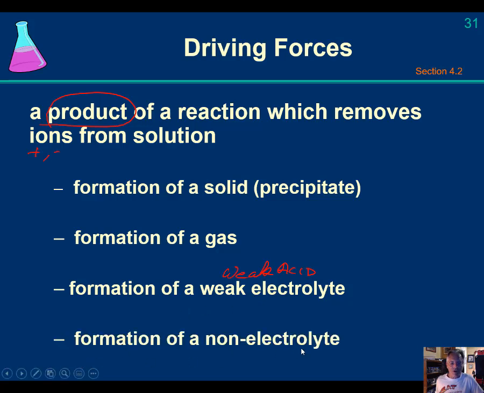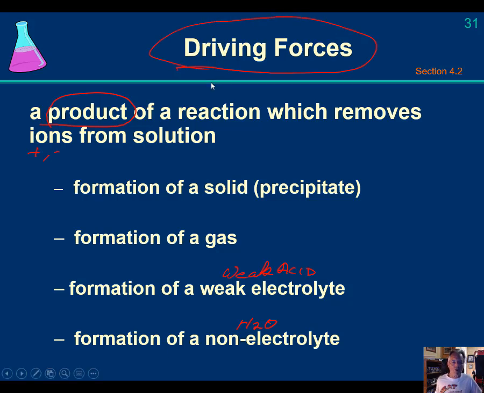Okay? Formation of a non-electrolyte. And the non-electrolyte that we see forming in neutralization reactions is water. It is, on the product side of your reaction, very often going to be a driving force for your reaction.